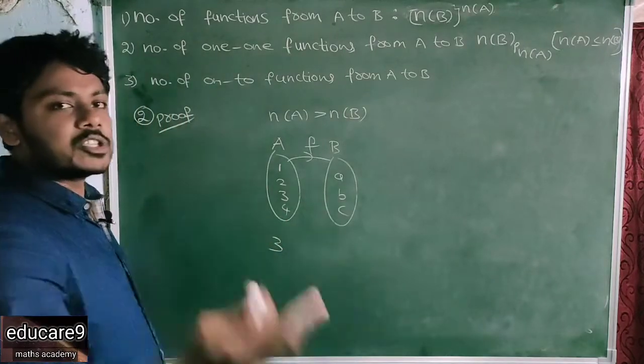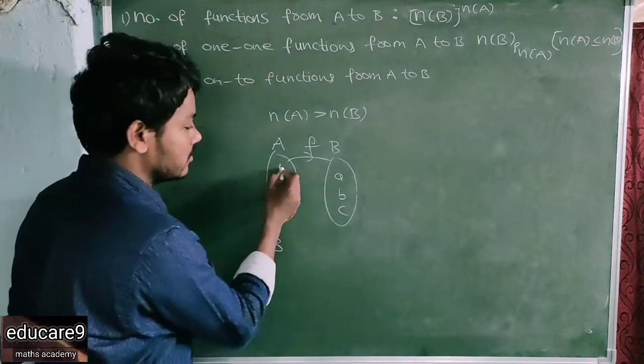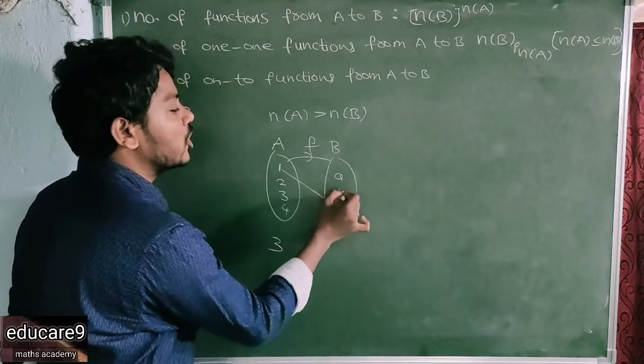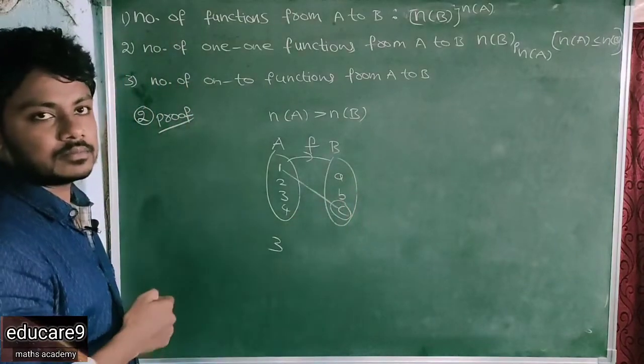For example, C is mapped with 1, so total 2 elements left.